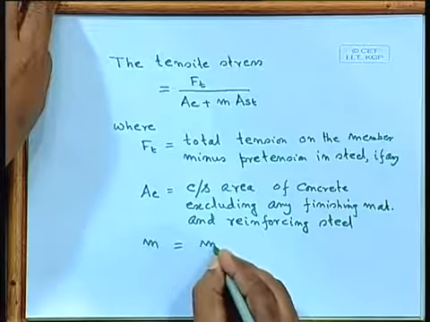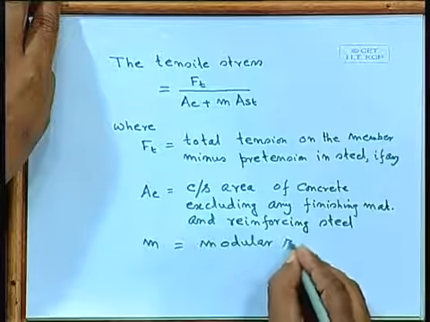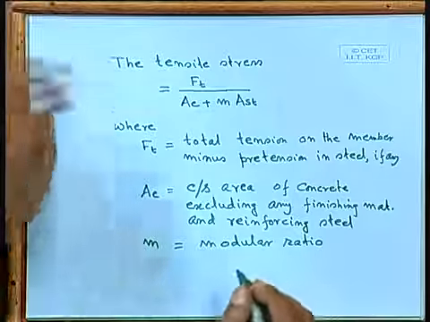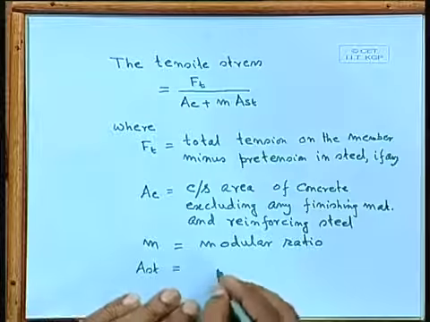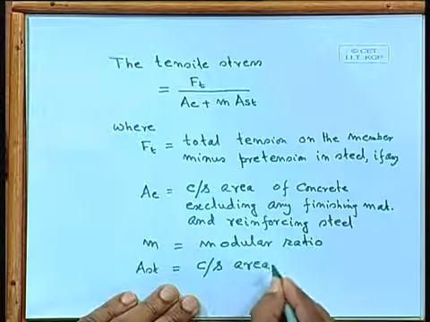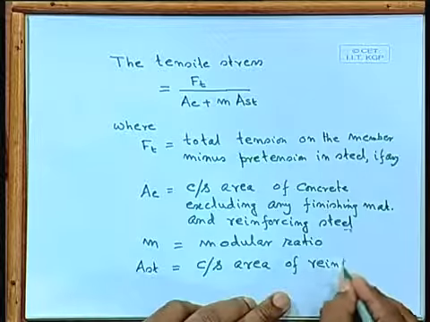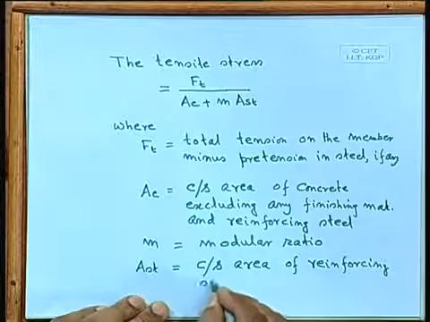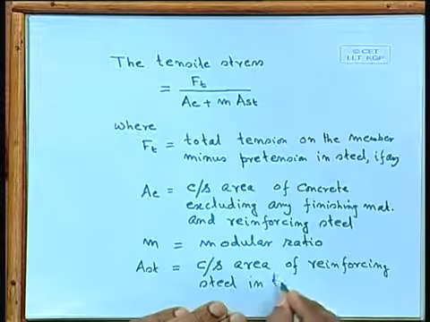m is the modular ratio, and AST is the cross sectional area of reinforcing steel, to be more specific, in tension.